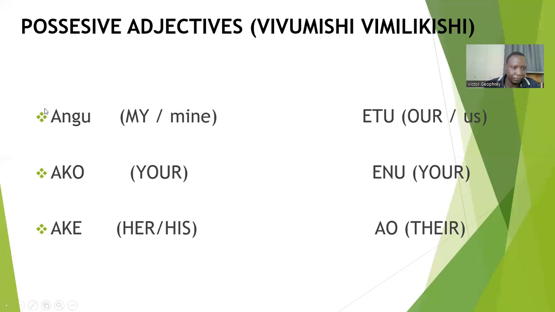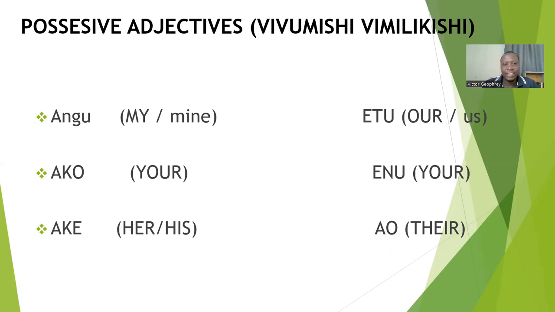Remember, we add the prefix w because mti is in singular, so it will be mti wangu, mti wetu, mti wako, mti wenu, mti wake, mti wao.